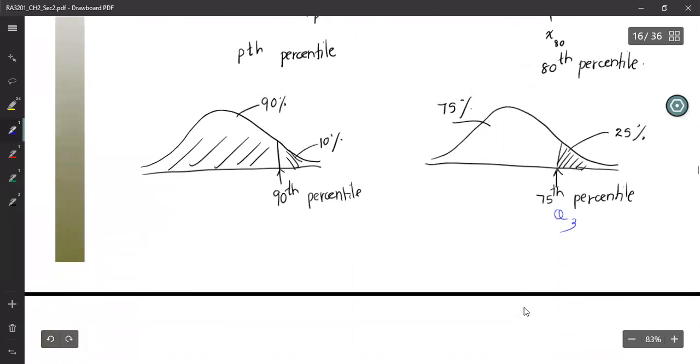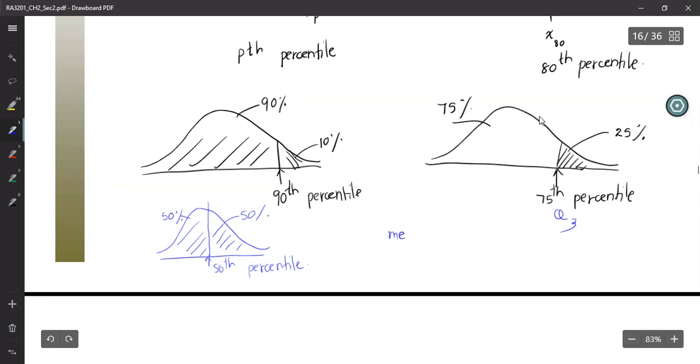So which means, tell me, what is the percentile for the median? The median is the exact midpoint, 50% to the right, 50% to the left. So the median is the 50th percentile. Now you know three different names for the same calculation.